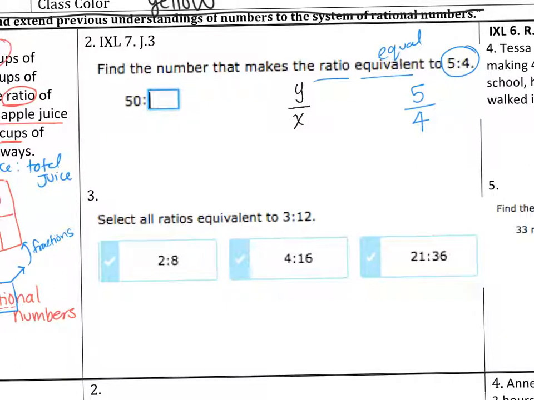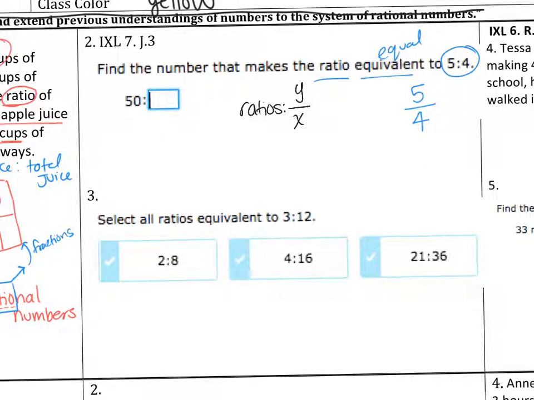And then this year, as I taught 8th grade, I realized just how important it was because when we're graphing, we always graph the y-axis and then we go to the x-axis. And you'll see what I'm talking about later, but learn this right now. When you write ratios, you express them as fractions. The top number is y, the bottom number is x. So in this case, 5 is y, 4 is x, right?